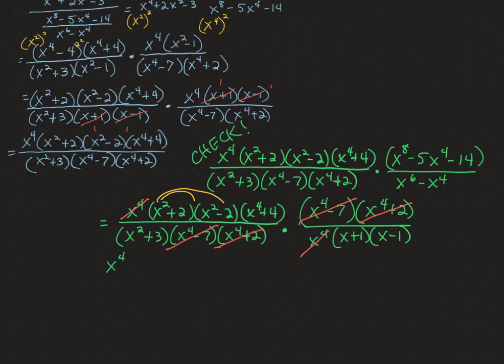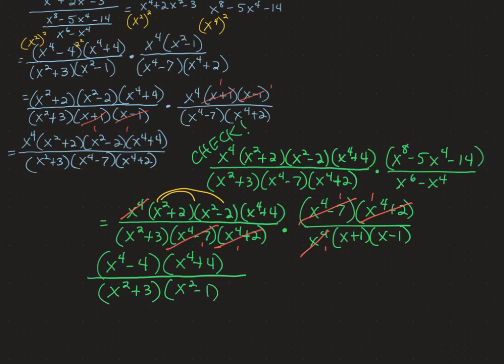So it'll be x to the fourth minus 4 times x to the fourth plus 4 times 1 times 1. So that accounts for everything in the numerator. And we have x squared plus 3 times 1 times 1 times x plus 1 times x minus 1, which will give us x squared minus 1.